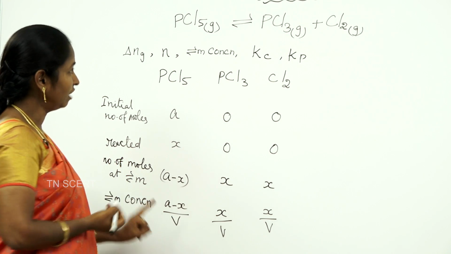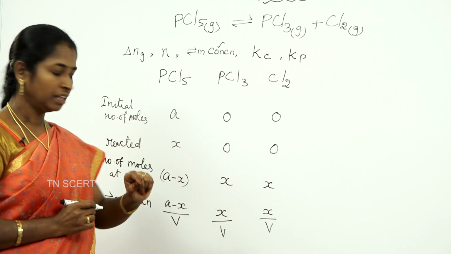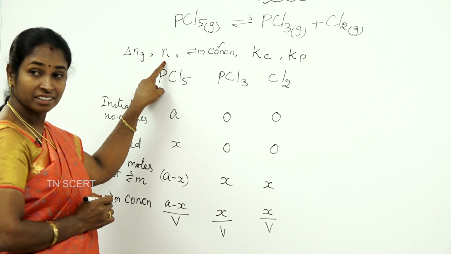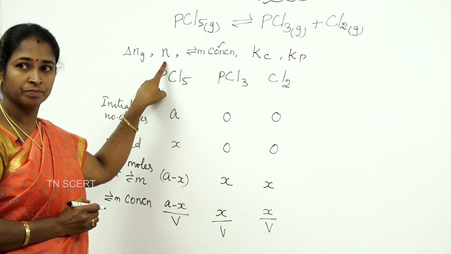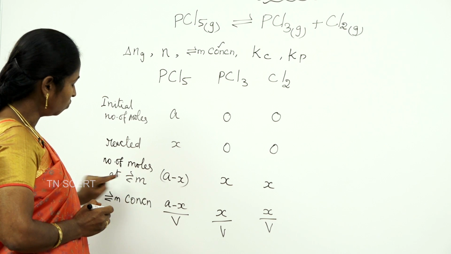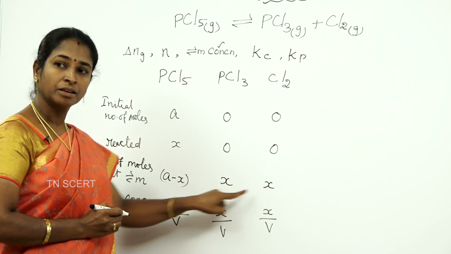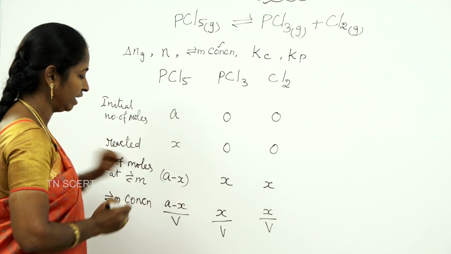So, now we calculated these equilibrium concentrations, is it not? Right. What is N? This is total number of moles at equilibrium. At equilibrium, what is the number of moles? A minus X, here X, plus X. Add all these values.